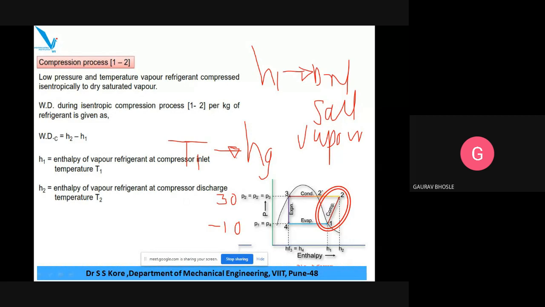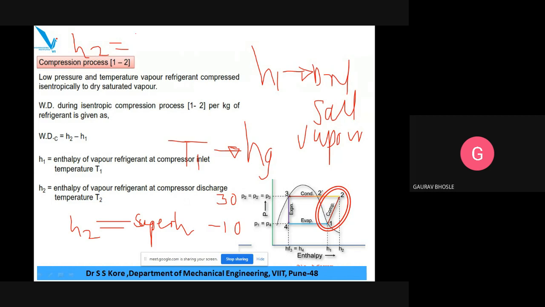Now how to get the enthalpy at point 2? At point 2, the condition of the refrigerant is superheated. The enthalpy of superheated vapor can be found using a formula.